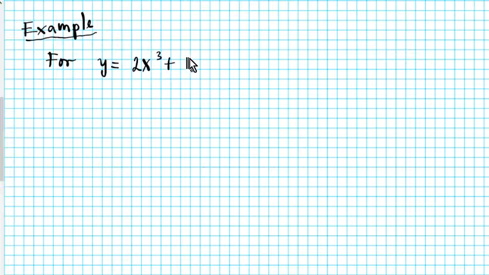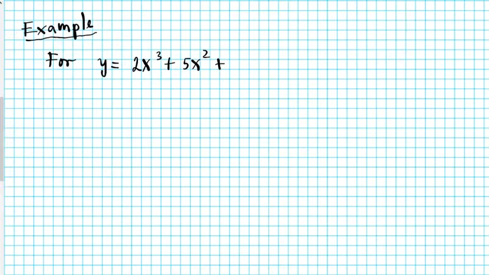Now let's take a look at the following example. Number 1, example. For y equals 2x to the third plus 5x squared plus the square root of x to the third. Let me write that properly.